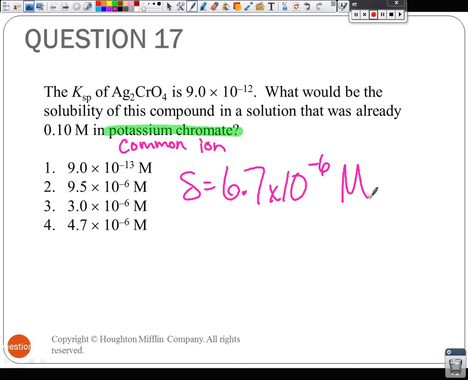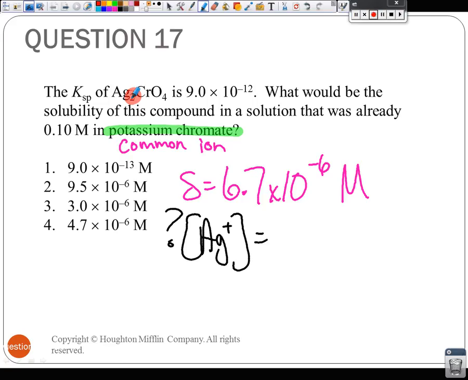Alright, so here's my question. We found S, right? My question to you is, what would you do? Why would you double it? Because that right there tells me there are 2 silver ions, right?